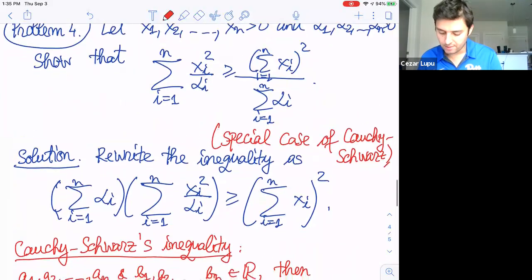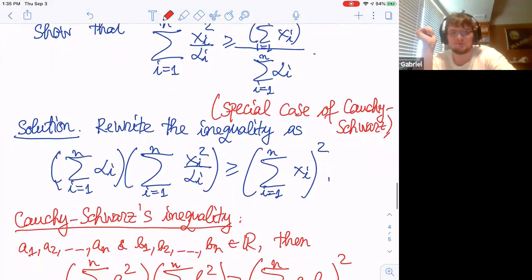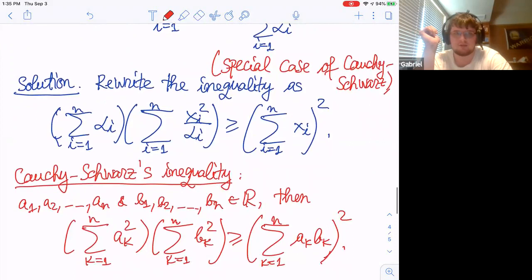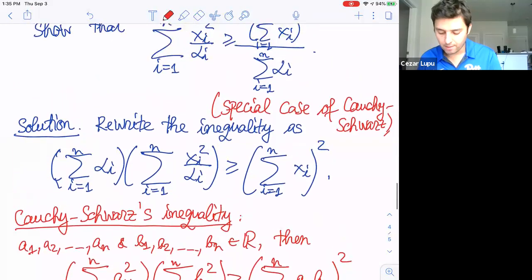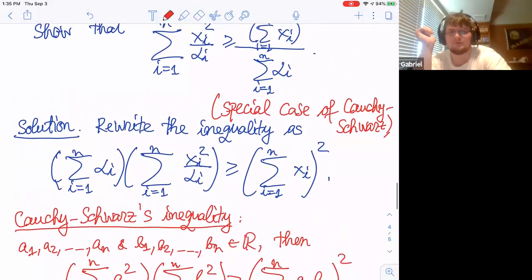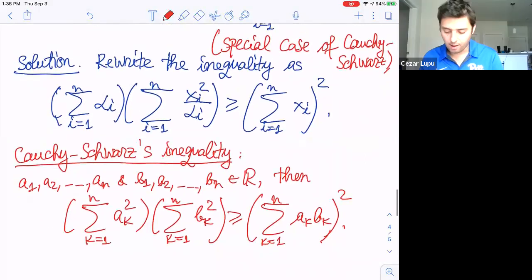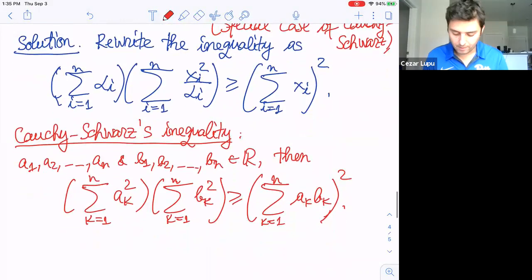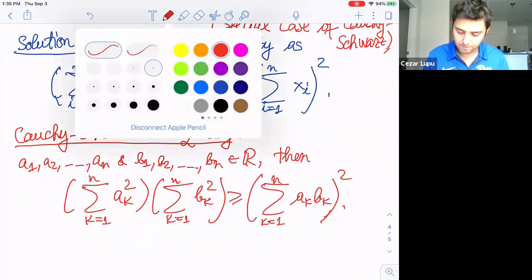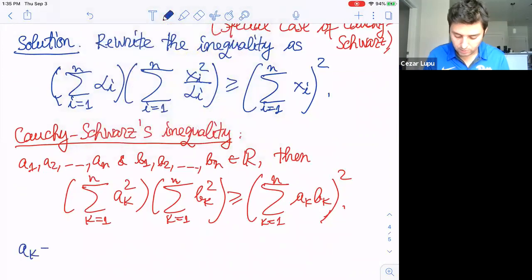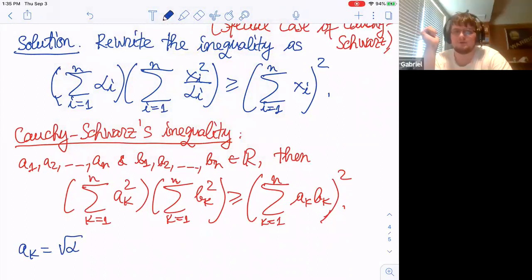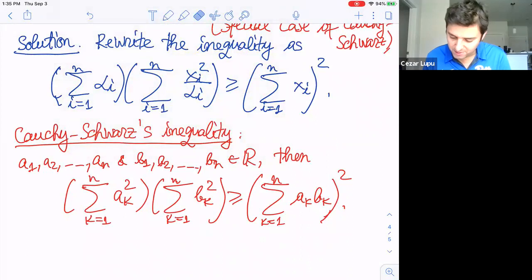Where it says solution. Yeah. So AK is the square root of alpha I, and BK is xi over the square root of alpha I. That's very unfortunate notation.